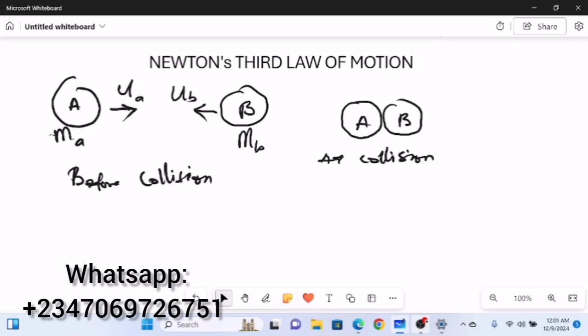So speed doesn't really play a role here. Ball B can have a higher speed than ball A, but if ball A has a higher mass, after collision the two objects will move in the direction of ball A. So let's take for instance that ball A has a higher mass.